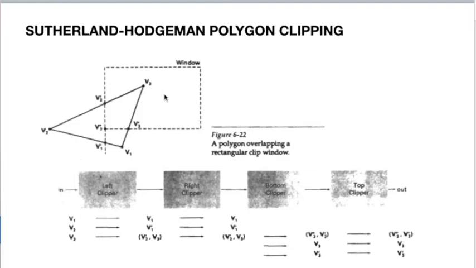First the vertex V1 is taken, and it passes through all the clippers: first left clipping, then right clipping, then the bottom clipper, then the top clipper, and you get an output. If it passes all the clippers, you get V1 as V1 here. So if you take V1, you clip it with the left clipping boundary. It is inside the left clipping boundary, so it passes to the next clipper.